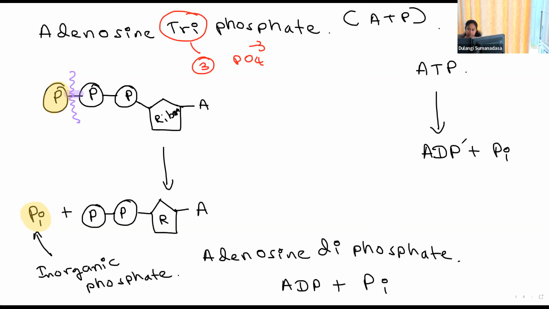But all these ADPs will go back to the mitochondrion and put the phosphate back to the ADP. Right? So inside the body, we are not just generating ATPs from the basic ingredients. They are always going to be recycled. Because ADP can easily convert back into the ATP if you put the broken phosphate back, right?